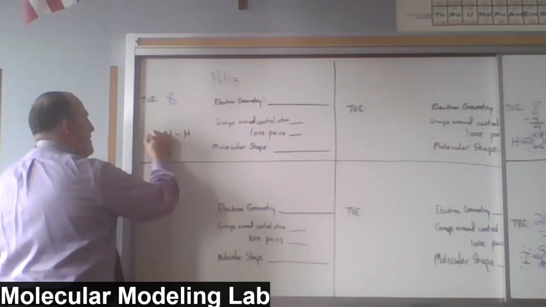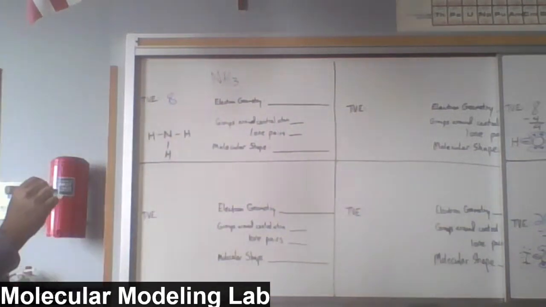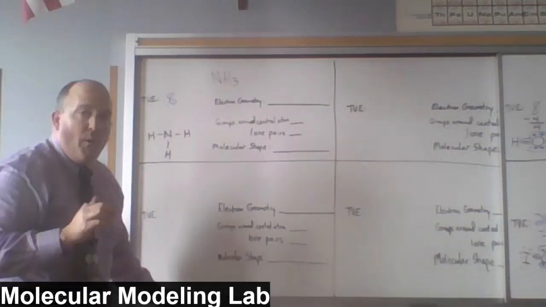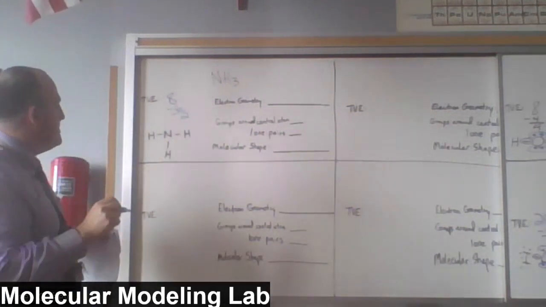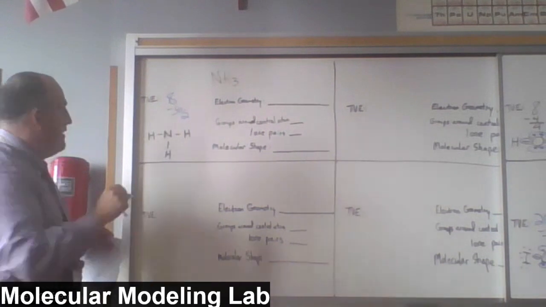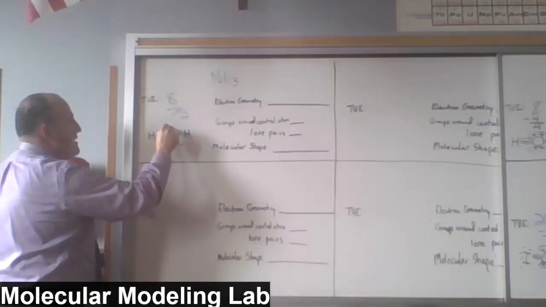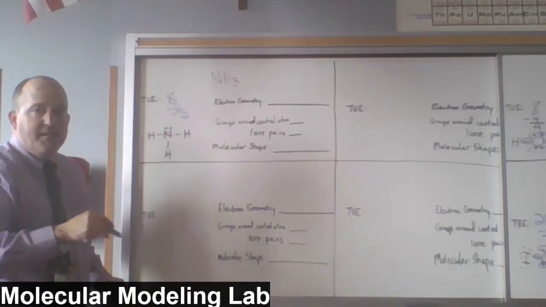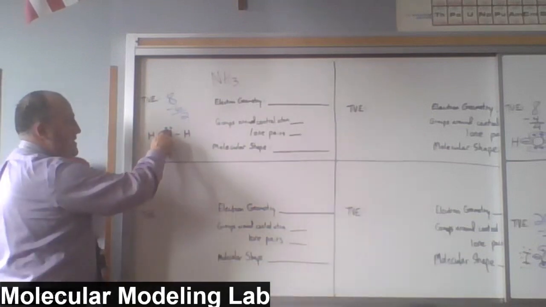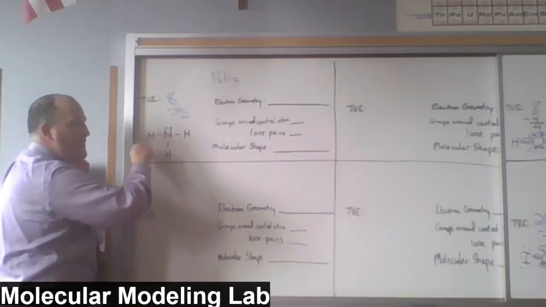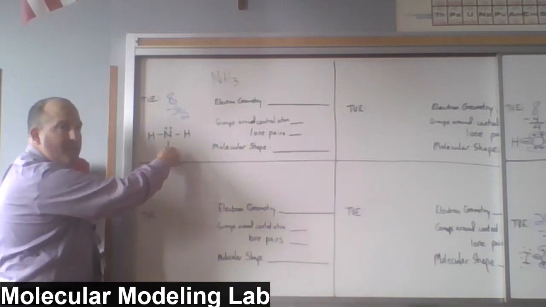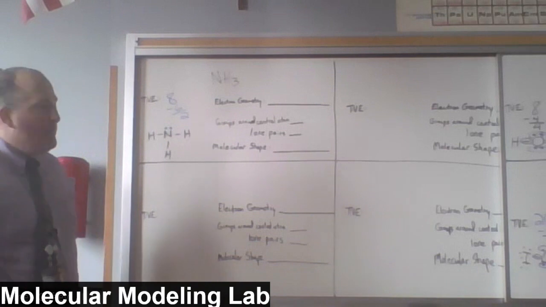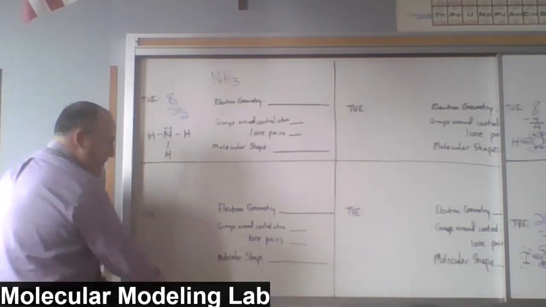We need a direct connection between the central nitrogen and each of the 3 hydrogens. That requires 6 electrons, leaving 2 left over. Those 2 leftover electrons need to go on the nitrogen. So the central nitrogen has 1, 2, 3, 4, 5, 6, 7, 8 electrons around it. Each hydrogen is connected by a single bond to the central atom, so it's satisfied. We're all good on that.